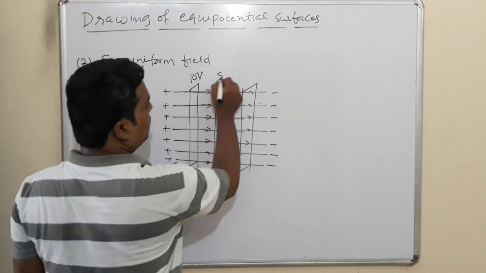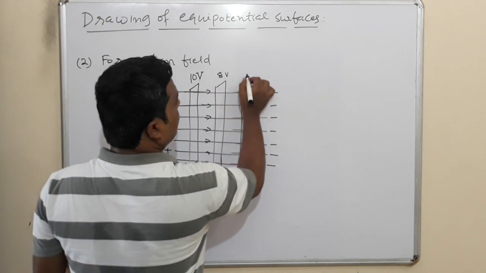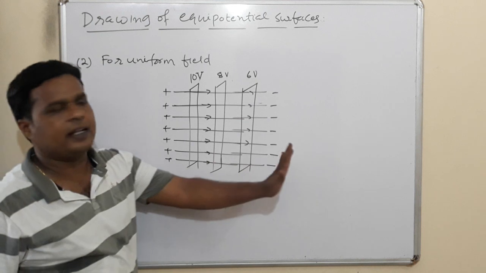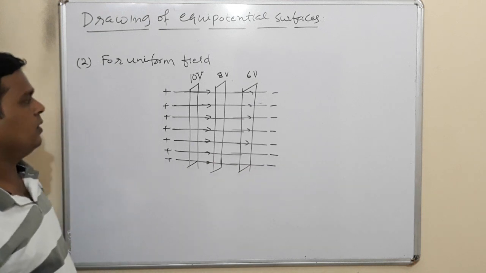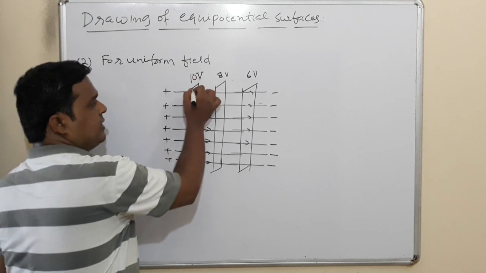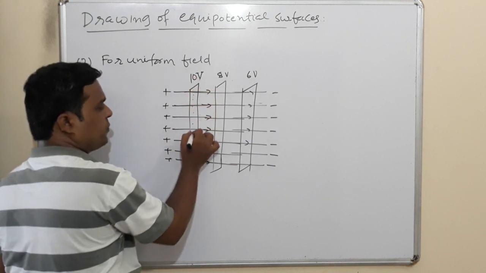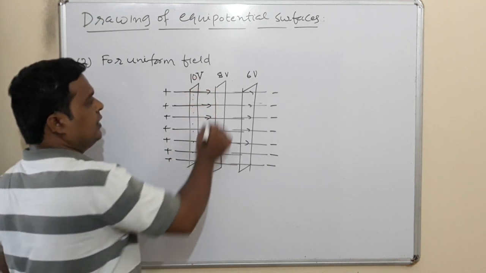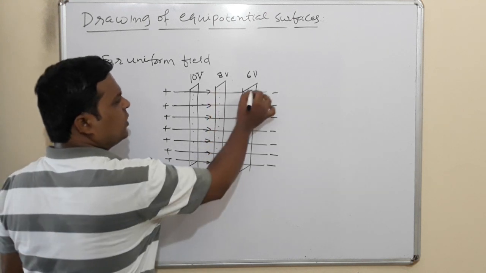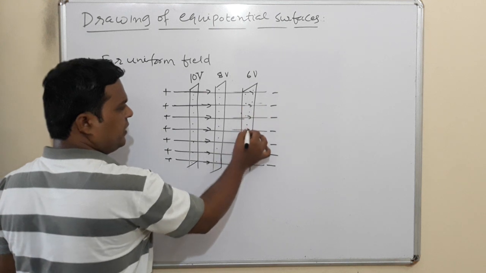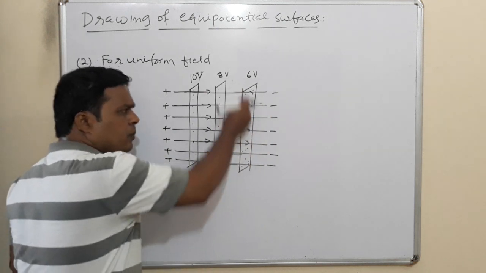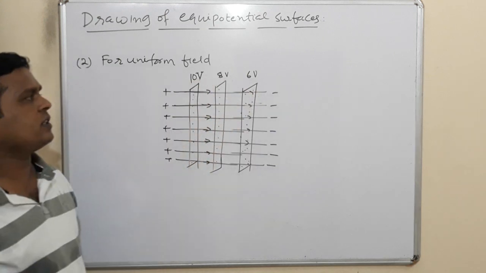It may be 8 volt like this, and 6 volt like this. Every point on this surface will have 10 volt, every point on this surface will have 8 volt, and all the points on this surface will have 6 volt. All are having the same potential on a given surface, therefore it is called an equipotential surface.